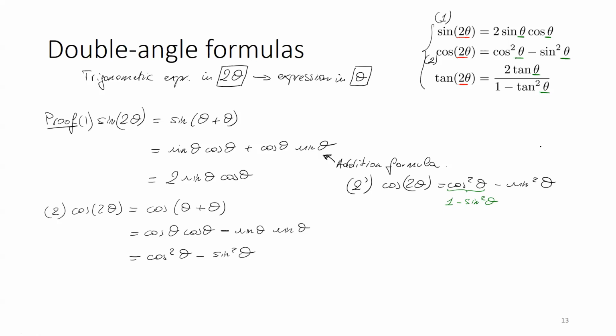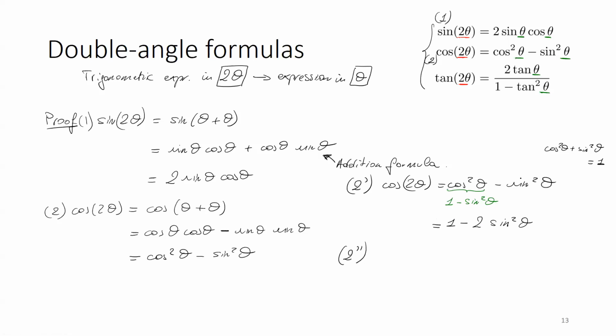Well, remember the fundamental identity says that cosine squared plus sine squared is always equal to 1. So I use this formula to replace cosine squared by 1 minus sine squared. And so that then gives me that cosine 2 theta is also equal to 1 minus 2 times sine squared theta.